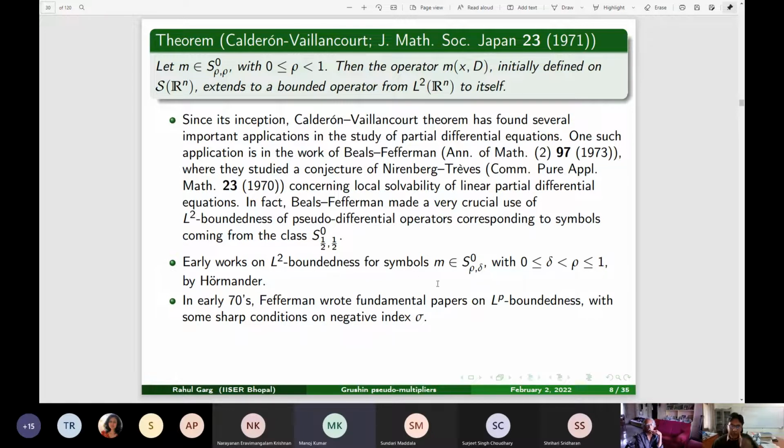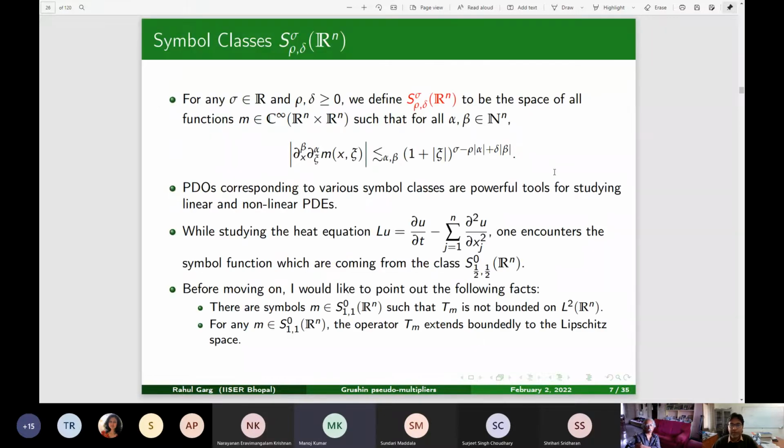In the early 70s, Fefferman wrote very important papers around the same time, 73 onwards. He wrote fundamental papers on LP boundedness with this sigma attached. As I said, L2 boundedness is okay, but if you want to go for LP boundedness for p other than 2, then initial decay becomes very, very important. Remember that you are starting with this kind of decay where rho could be less than 1.